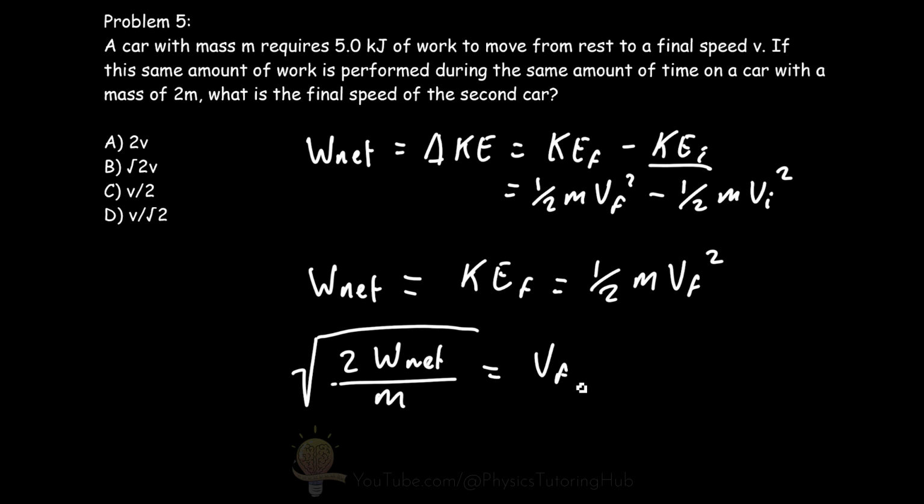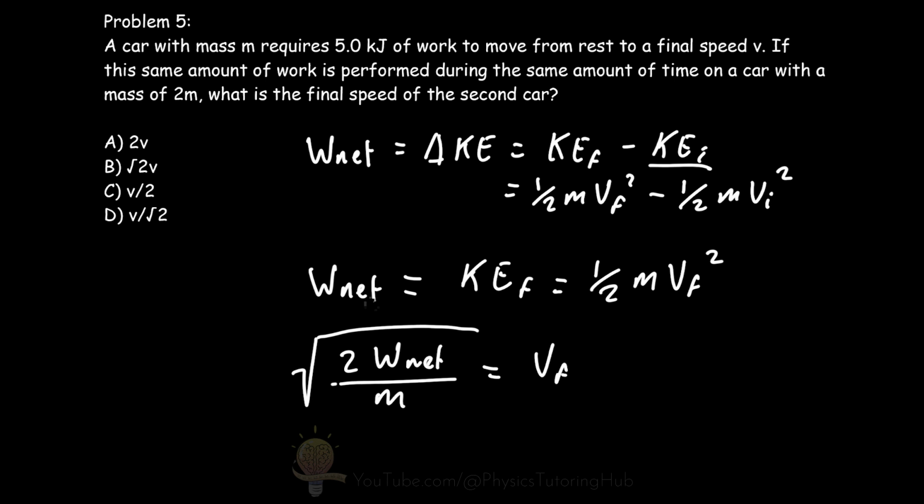Now the easiest way to solve this problem is just to plug in some numbers for the two cars here. We know the first car has a mass of m, and we can say that mass is 1,000 kilograms. The second car has a mass of 2m, which means that it's double the mass. So we can say that's 2,000 kilograms.